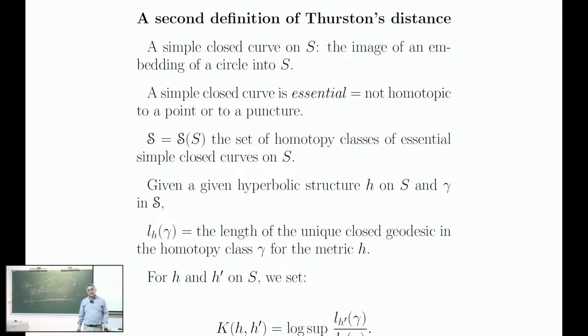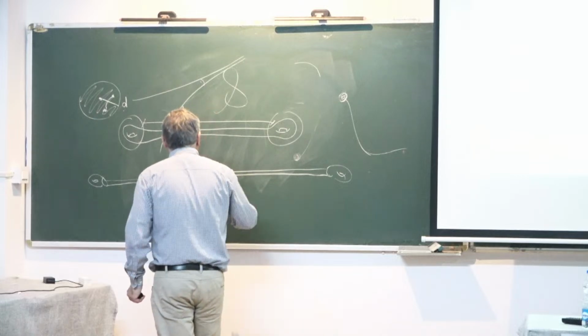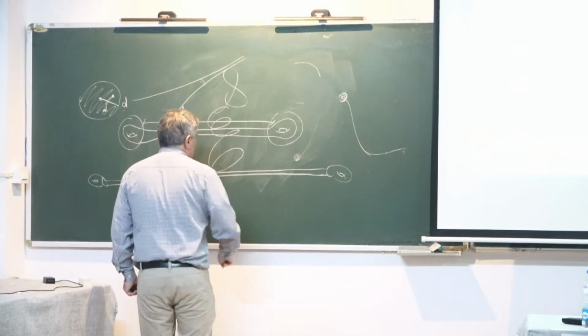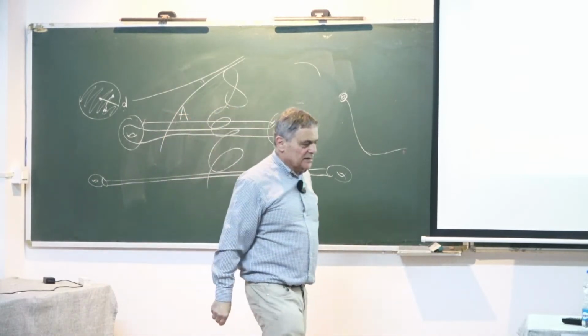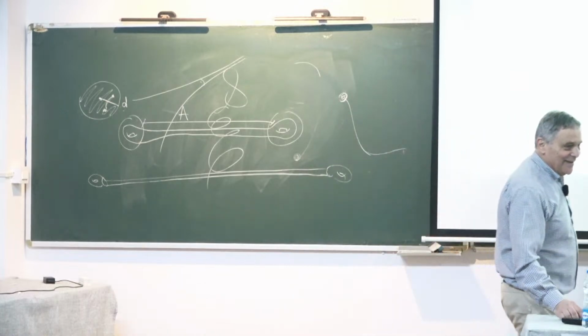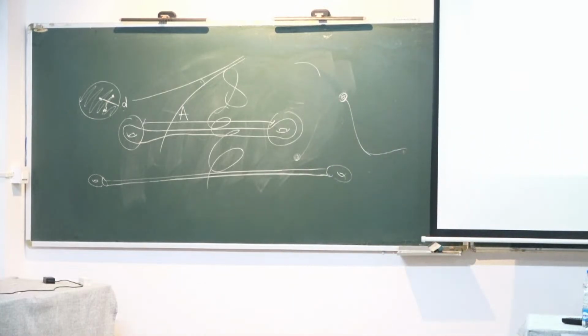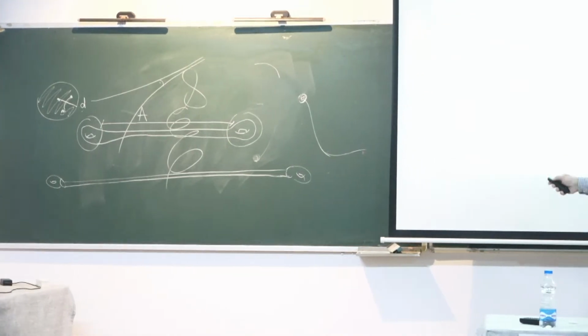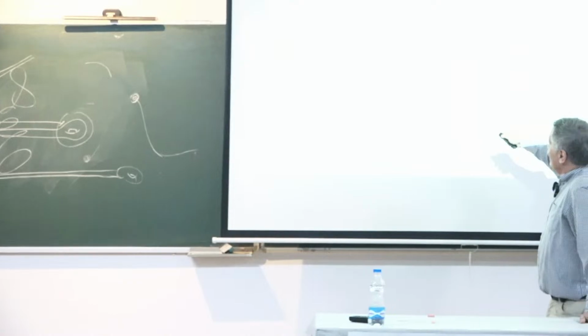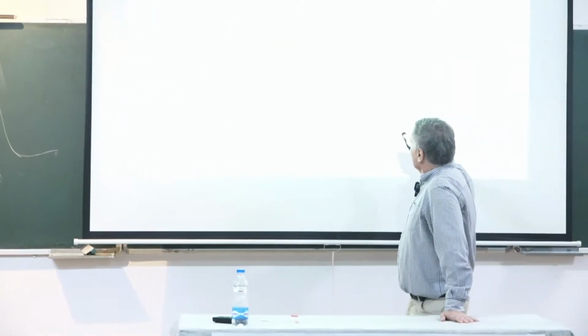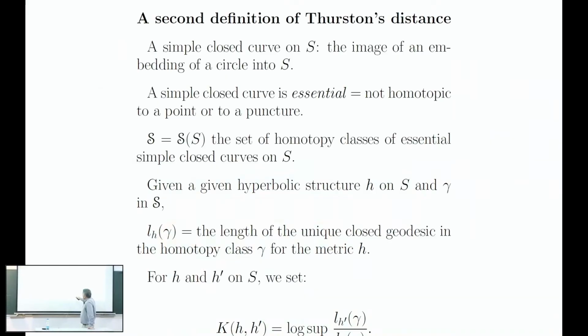If you write a paper and say, okay, I have a set of essential simple closed curves on the surface, and I denote it by E, I would wonder why he is using a different notation than anybody else. This is the standard notation, which started with Thurston, in fact, and everybody uses it.